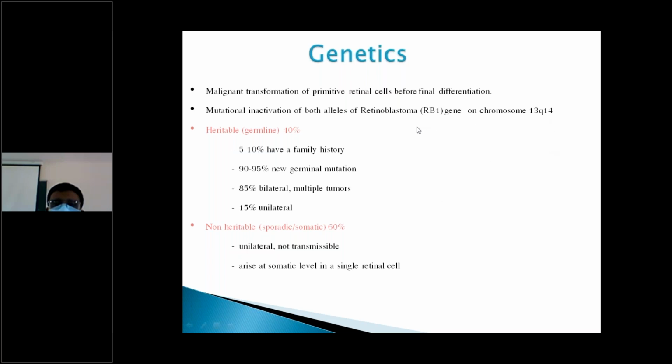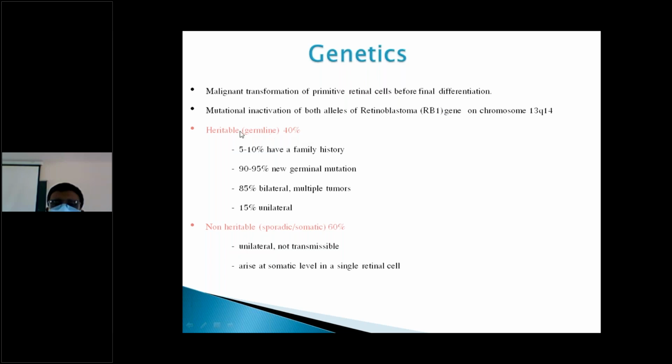This 14 band is considered a tumor suppressor gene, or anti-RB gene, or anti-oncogenic gene. When one or both alleles of this band are deleted or inactivated, it leads to retinoblastoma.